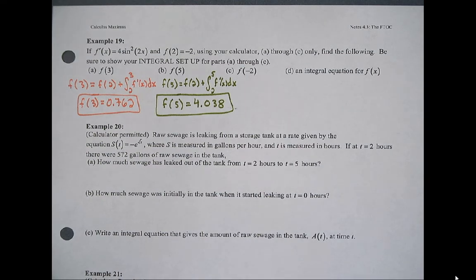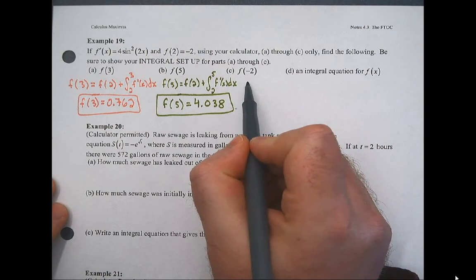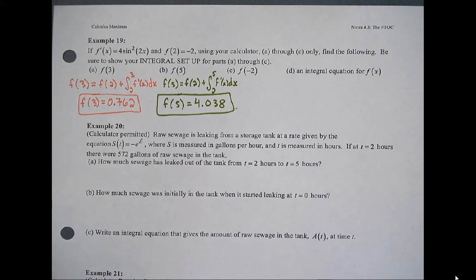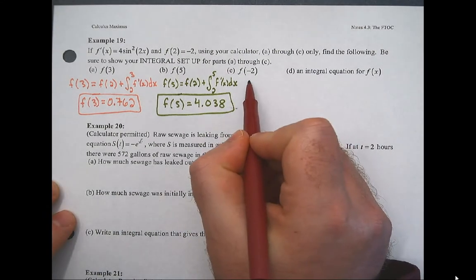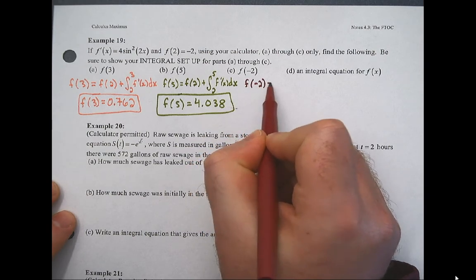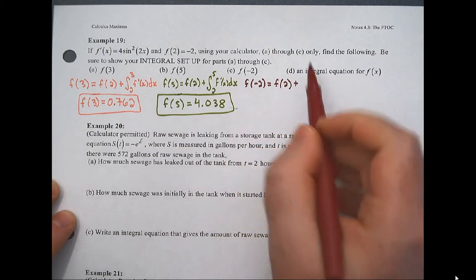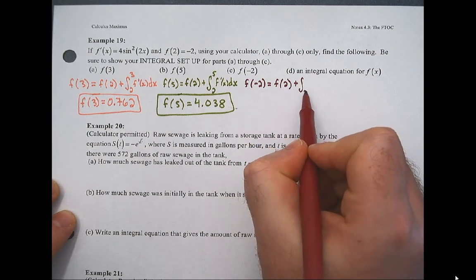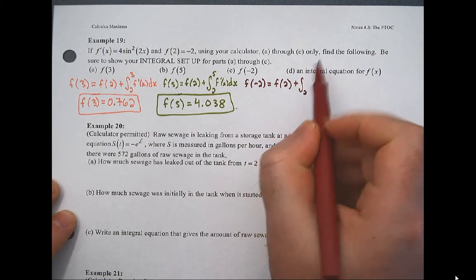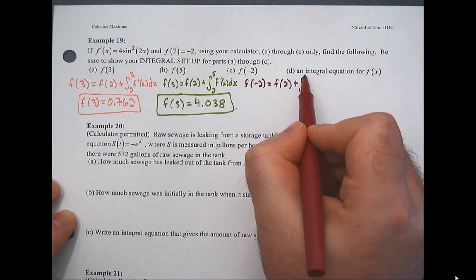Now we're going to try for negative 2. I'm going to go with the red. f of negative 2 is equal to f of 2 plus the integral from, can we go from 2 until negative 2?